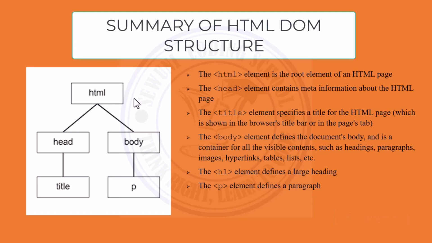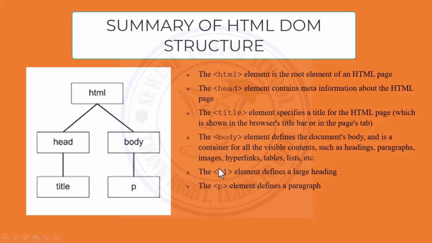So that's an element. So this is the head element, the body element. The body also contains all other elements that come to the visible part of the browser. And the title contains information and the name of the web page.